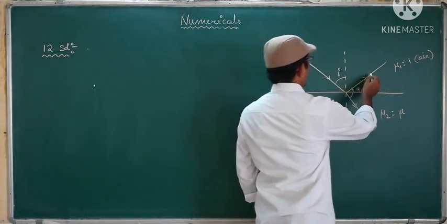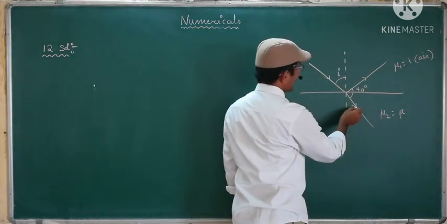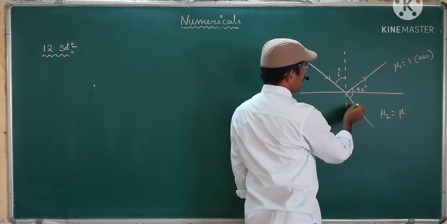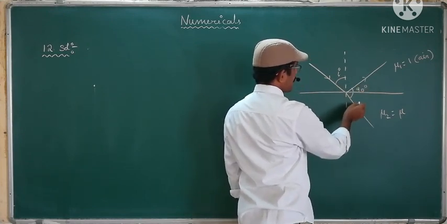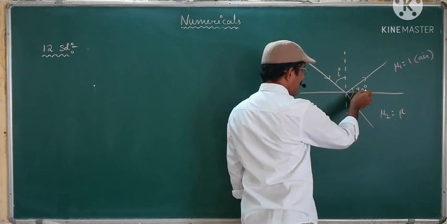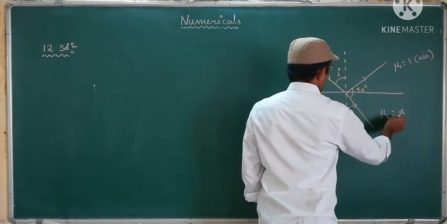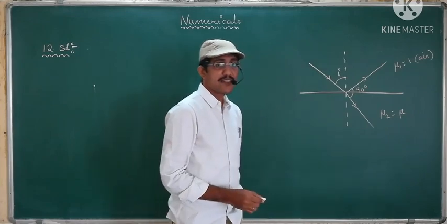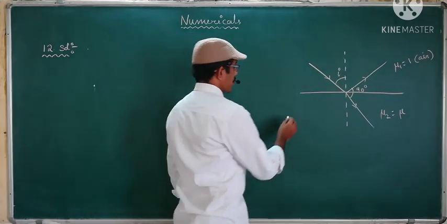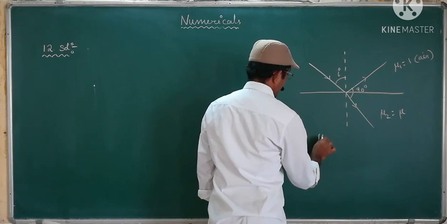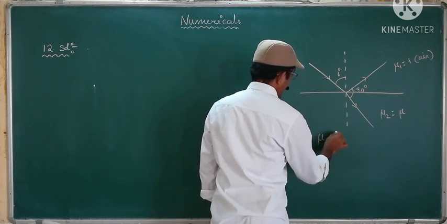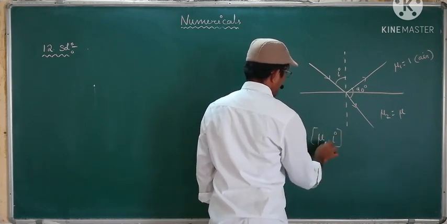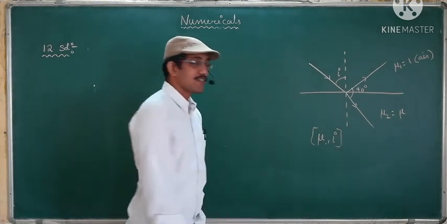So the angle between these two is 90 degrees. Then what is the relation between refractive index and the angle of incidence? We need to get a relation between these two.